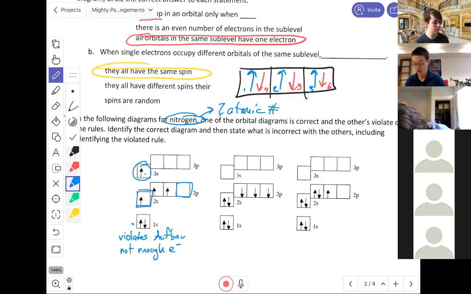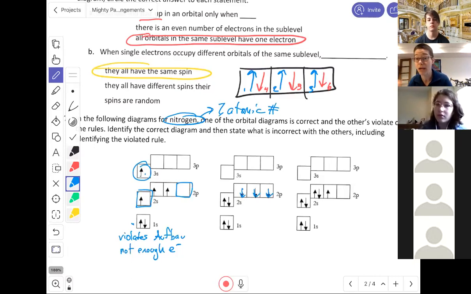Okay. So what about the second one? Does the second one look like it is correct, or does it look like there is something funky going on? It looks correct. It is correct. All 3 of these arrows facing down, well, that violates every part of my soul and makes me cringe because I want to draw them up. It is okay that they are written down because they are all down.